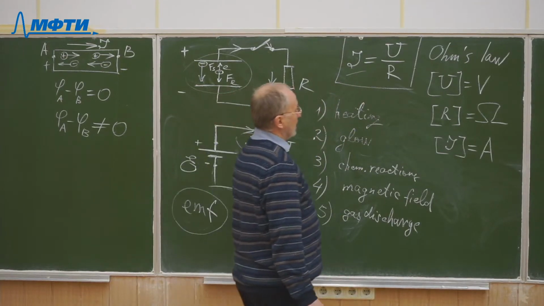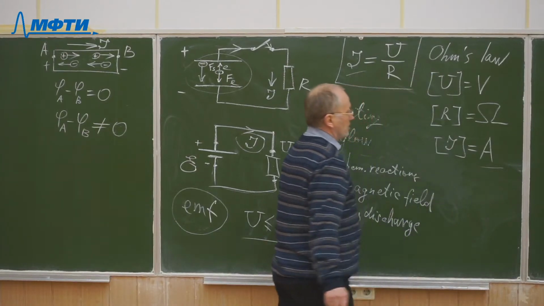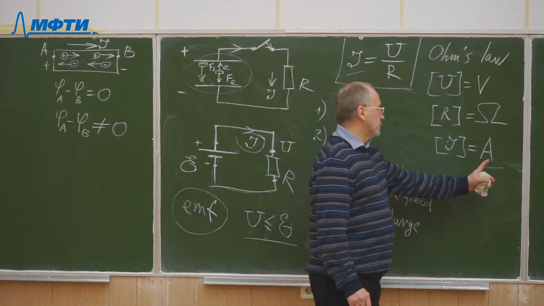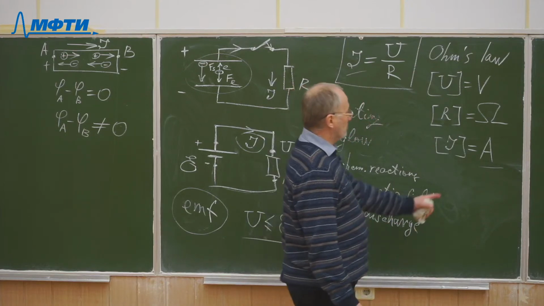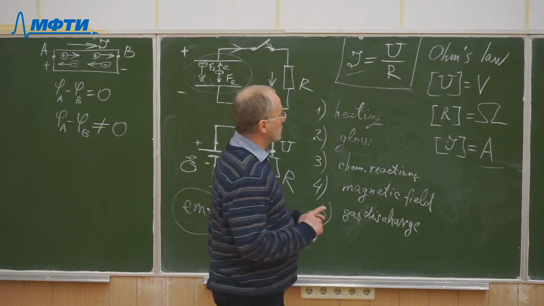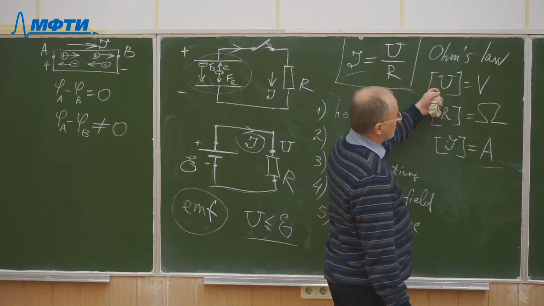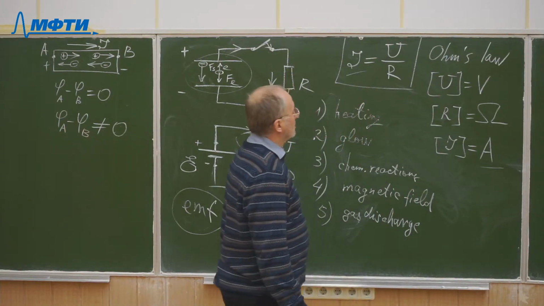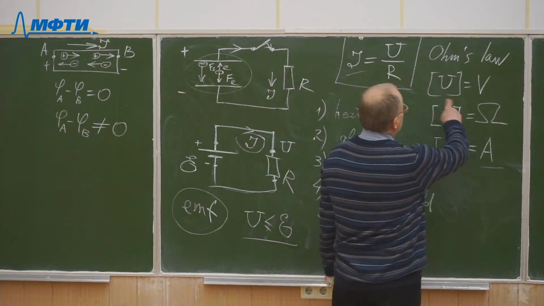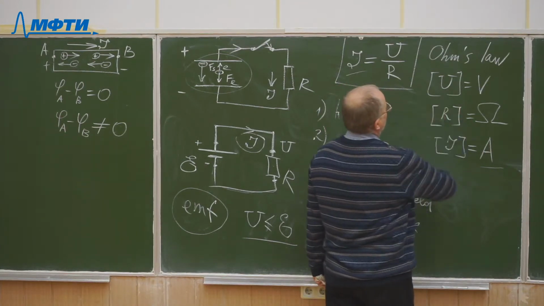So in the international system, this is the basic unit. The ampere can be measured by the magnetic interaction of wires, and the voltage is defined as the work that should be produced to move a unit charge.